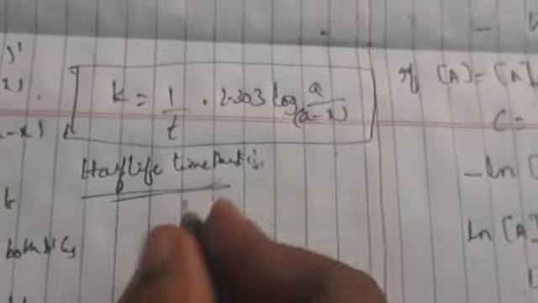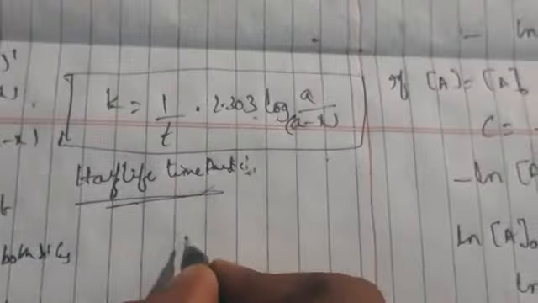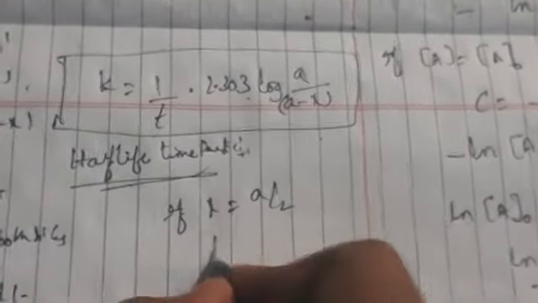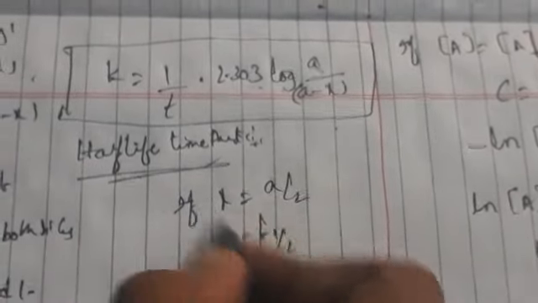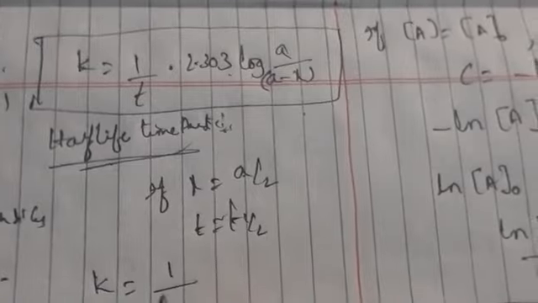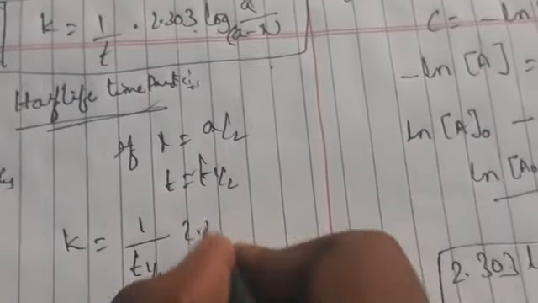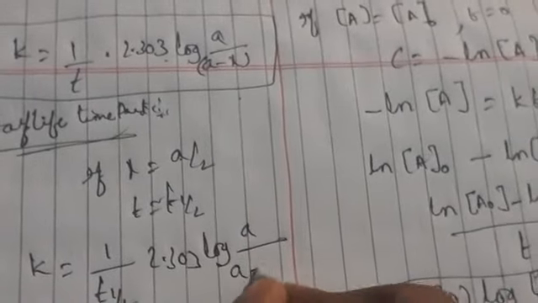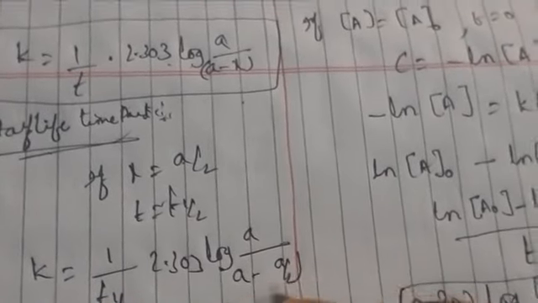So now see the half-life time period. Already I have told you the definition. So what we have to find here is t half. In this equation, if x is equal to a by 2, t is equal to t half. If we substitute these values, then you will be getting k is equal to 1 by t half into 2.303 log a by (a minus a by 2).